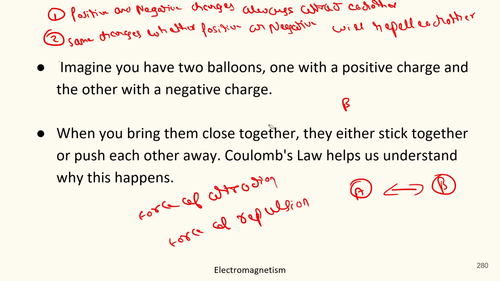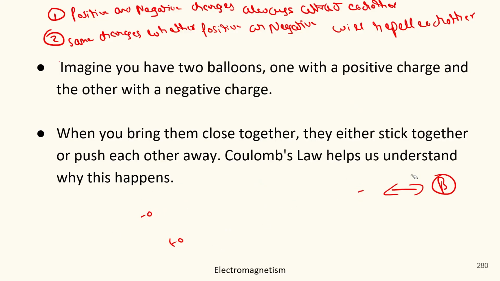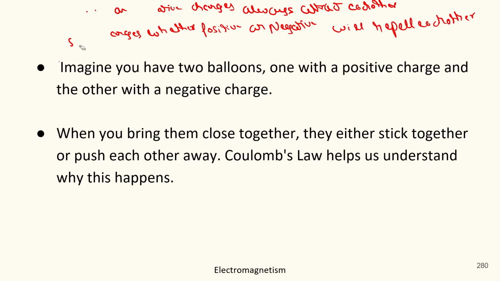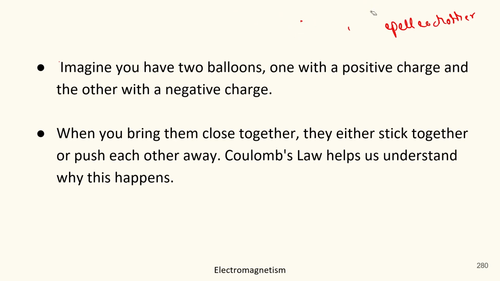So now let's understand it by the example, or we can say change this example into the action. Got it? So suppose there is one balloon A, and another balloon B. Balloon A is positive, balloon B is negative.